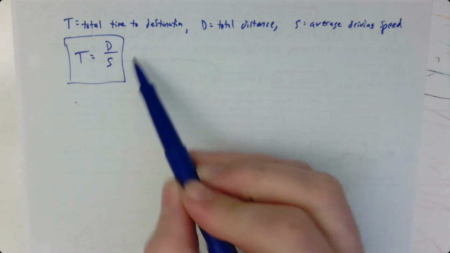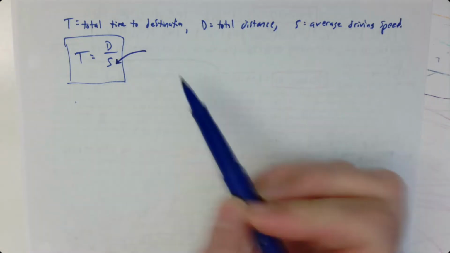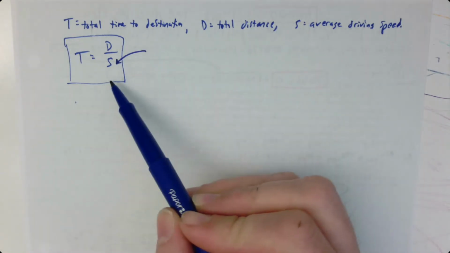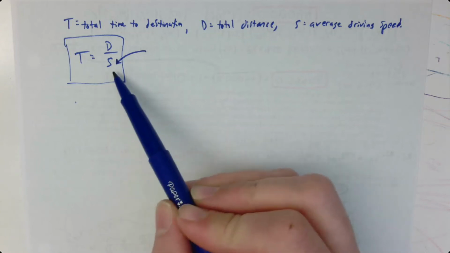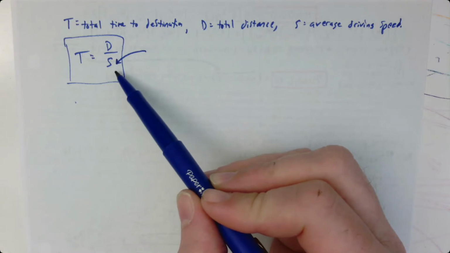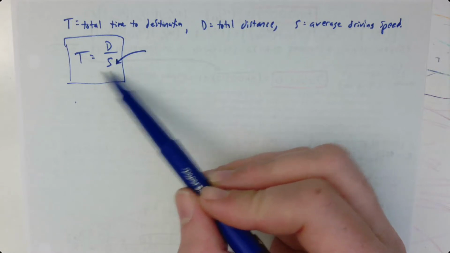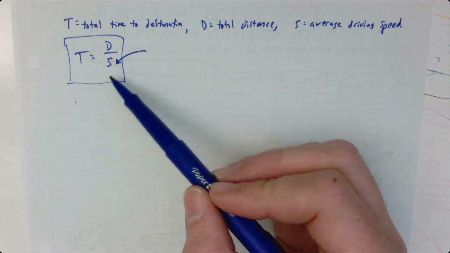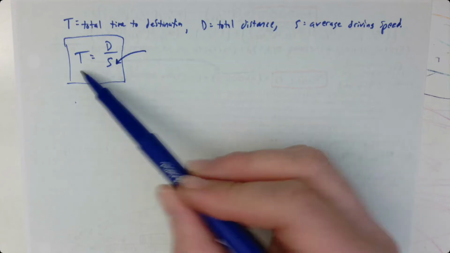So our model in a certain sense is already general enough to incorporate something for traffic, because traffic just affects our average driving speed. I could decide if I'm going to be leaving at 4 p.m., my average drive speed is going to be 35 miles an hour on the freeway, and I could calculate my drive time home.